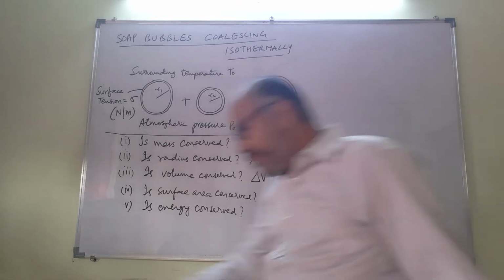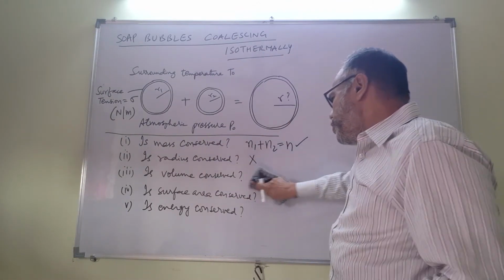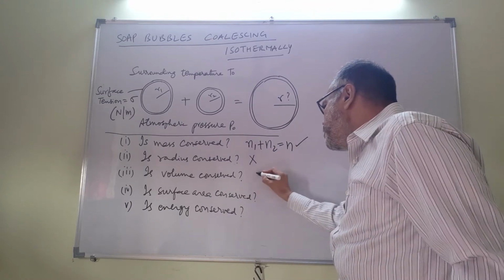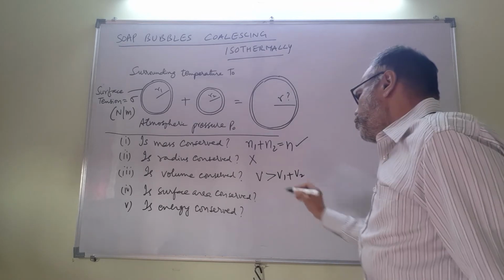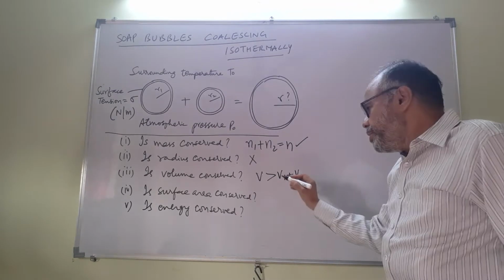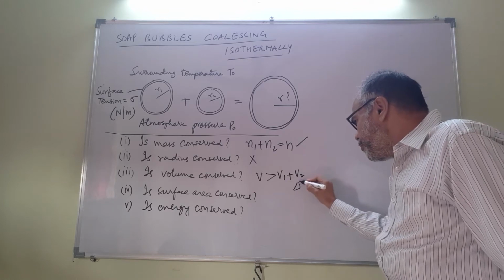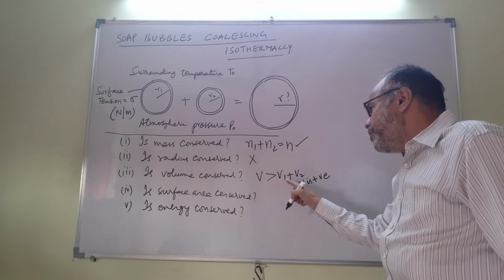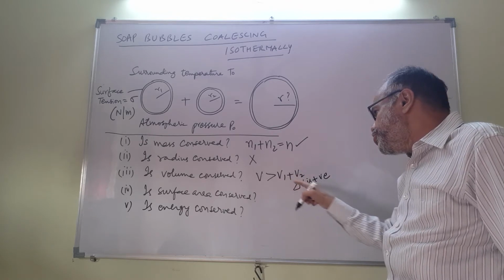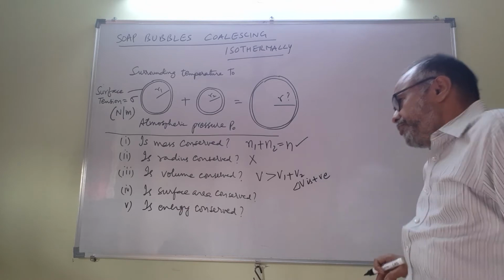So V is greater than V1 plus V2. We will see why this is so. V minus V1 plus V2 is delta V, the final minus initial, and that is positive.